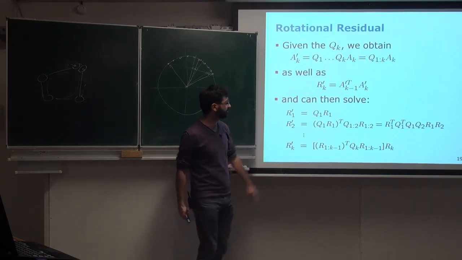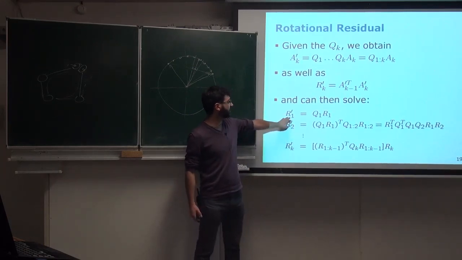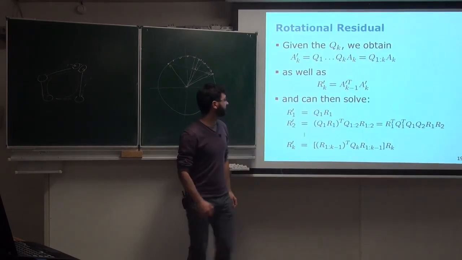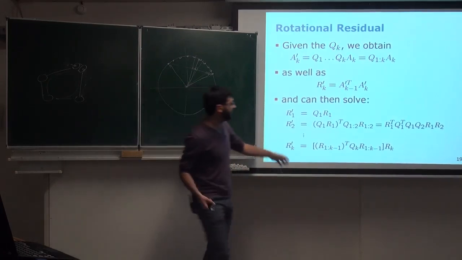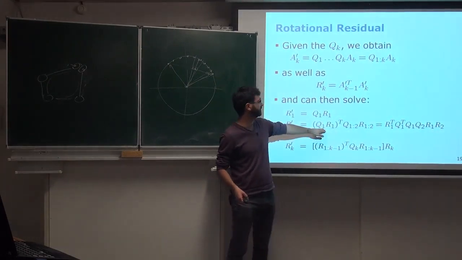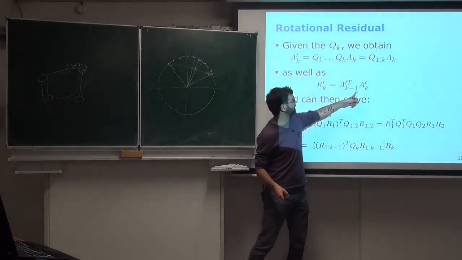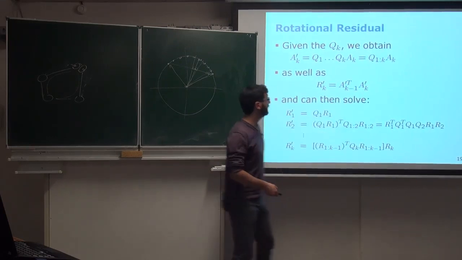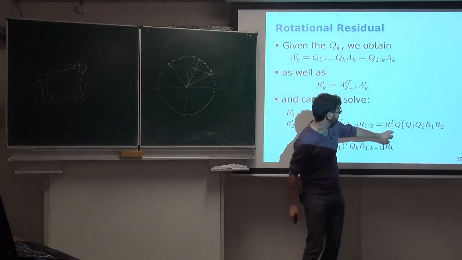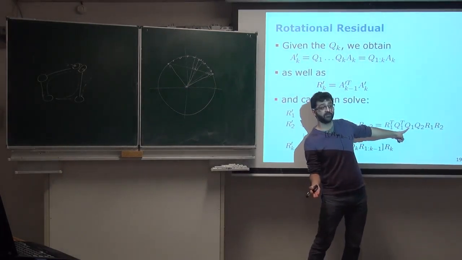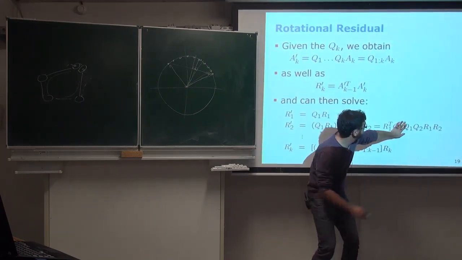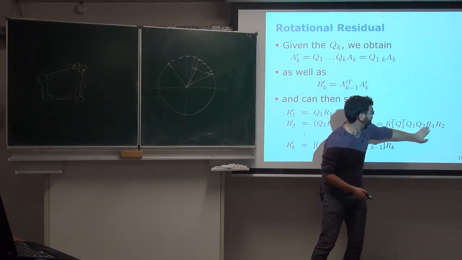And we can do it recursively. Say the first one is equal to the first Q plus the original first rotation. And for the second one, we can do the same. This is the definition of how we get the second rotation. This is the definition of the first rotation inverse, so A'_k A^T_{k-1}, and you end up having this form. Actually, Q1 transpose Q1 simplifies because it's the same as the others. And what you are really carrying is then R1 transpose Q2, R1, R2.